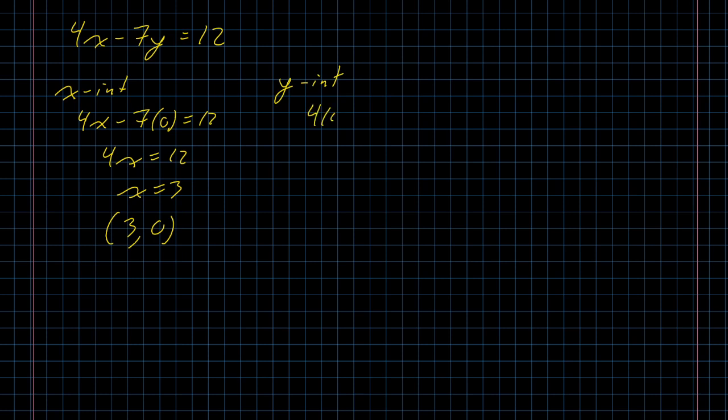when we look for the y-intercept, we plug in that x is equal to 0. We get that y is negative 12 sevenths. That's a nice, easy to work with number or something, I guess.